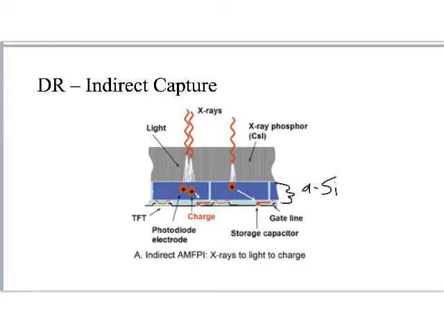It's going to capture the light that's emitted by this crystalline cesium iodide, and the light is sent down these light channels to strike the amorphous silicon. Similarly, when the light hits it, it will produce positively charged atoms, which will migrate towards these electrodes in order to be stored in the storage capacitor and then read out through the thin film transistor.